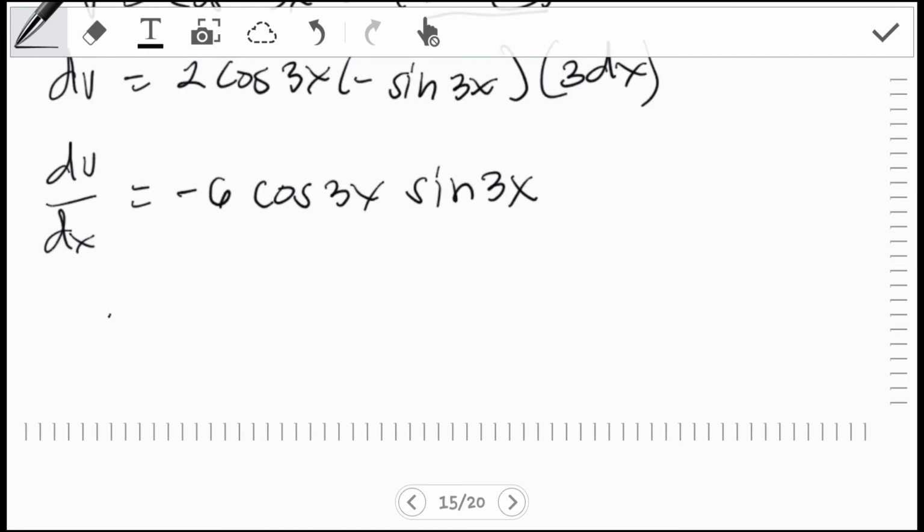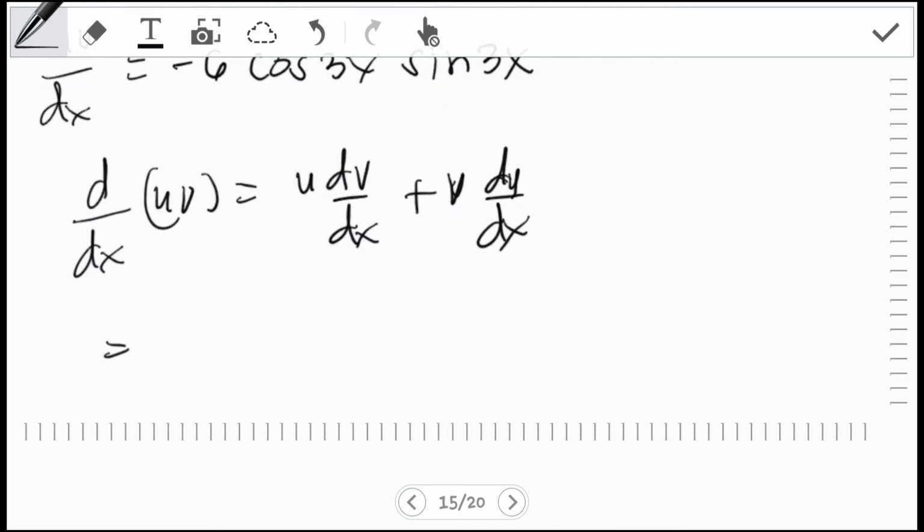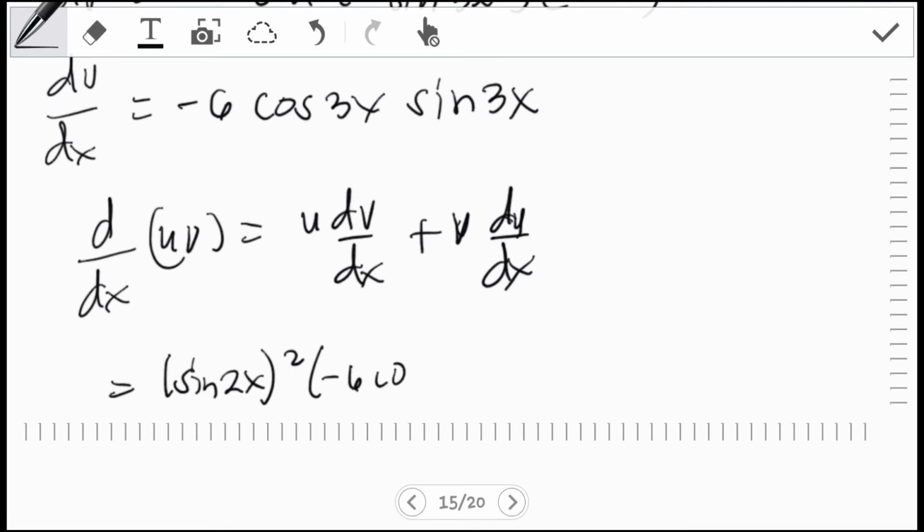So we can now use this formula, d over dx of uv is equal to u dv over dx plus v du over dx. Okay? So substitute u here, which is equal to the quantity of sine 2x to the power 2, where dv over dx is equal to negative 6 cosine 3x sine 3x.